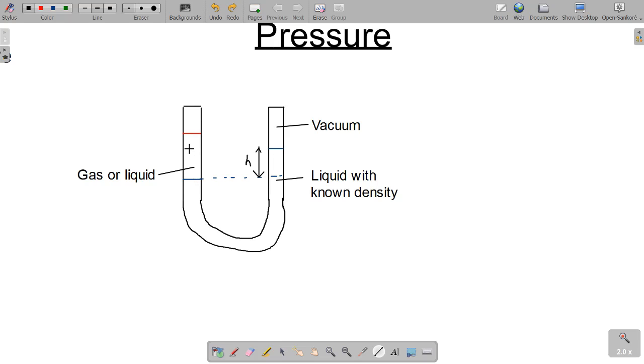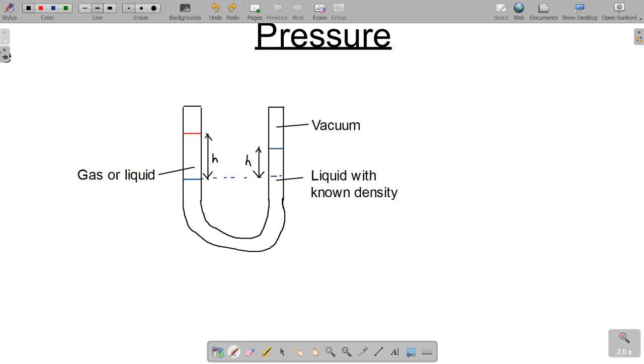So also here, you know the other height.